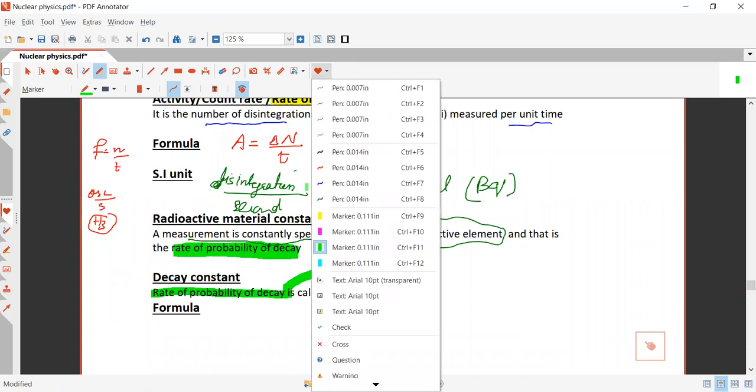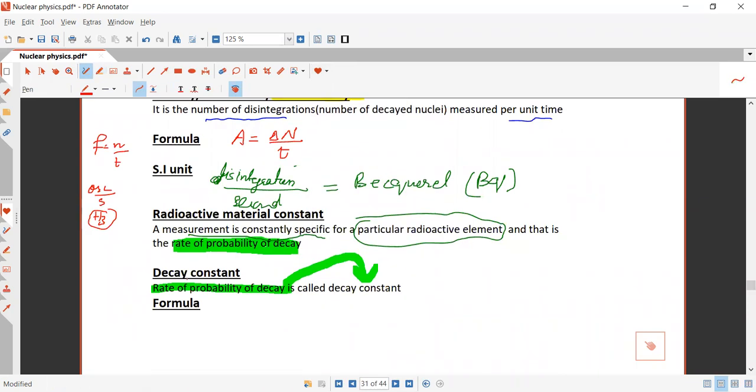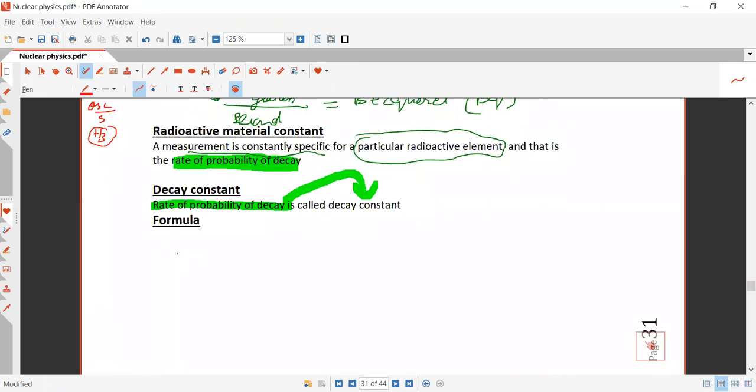So let me try to make its formula. It's going to be the rate of probability of decay, so probability divided by time. So this is called the decay constant, lambda. And probability of decay is delta N by N, divided by time.